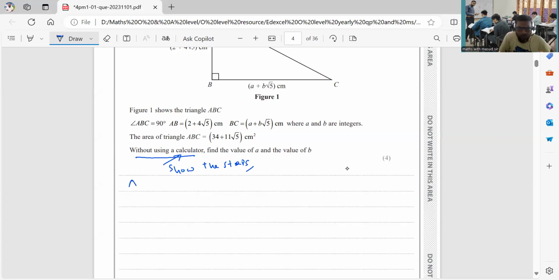Okay, so look at the first. First, you have to write the formula. Area of a right angle triangle is half into base into height. And there is another formula, half into AB sine theta.